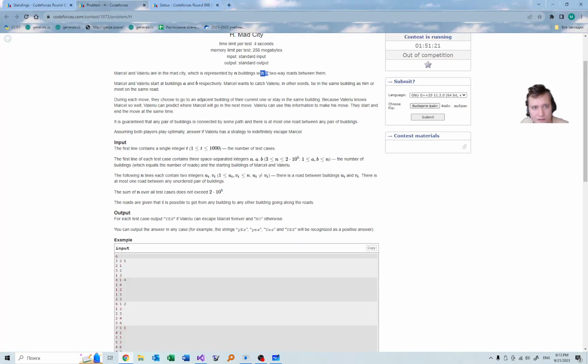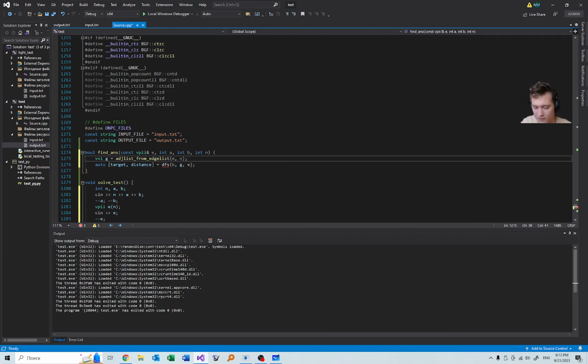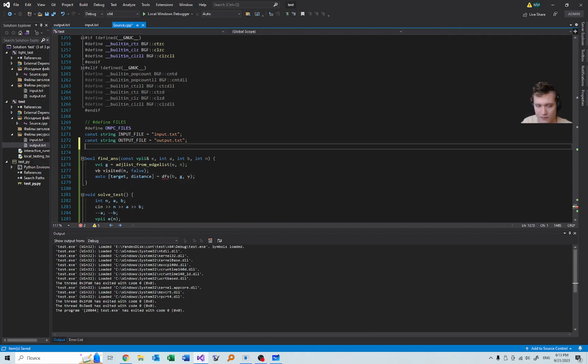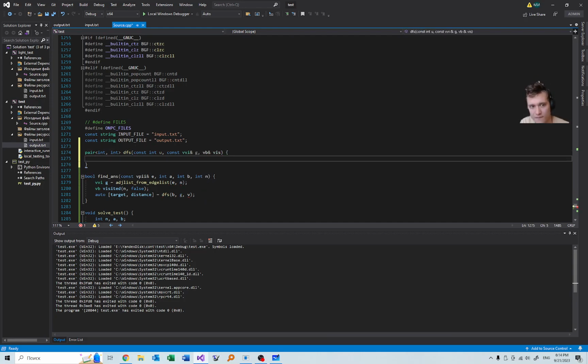Valerio is in vertex B. So we run DFS from B, we need G, and we need V, where V is visited, which is false. So pair int DFS current vertex, the graph, and the array of being visited.